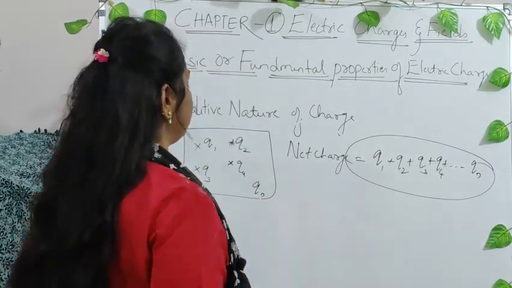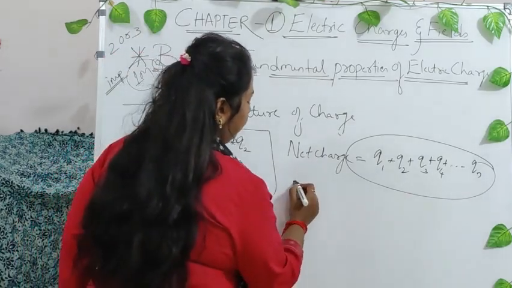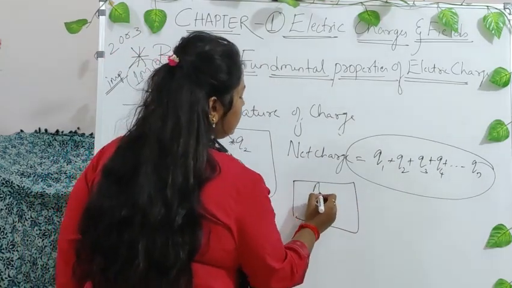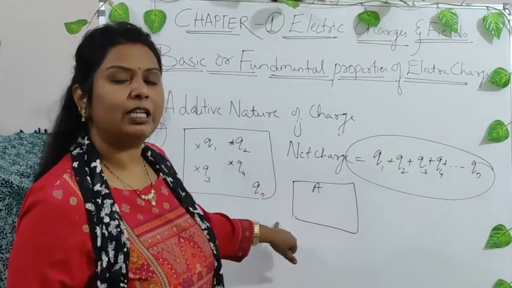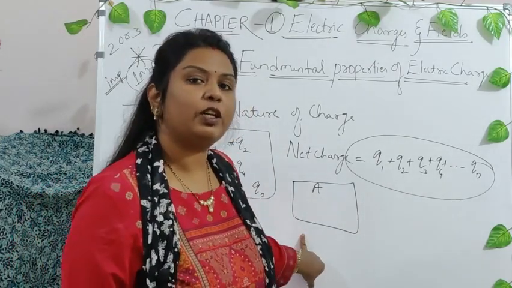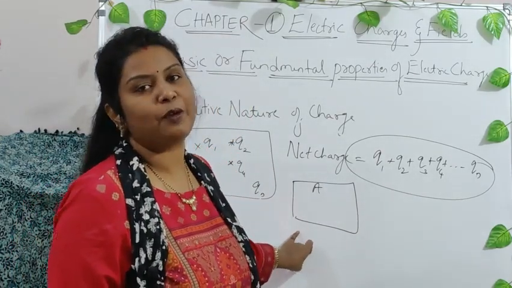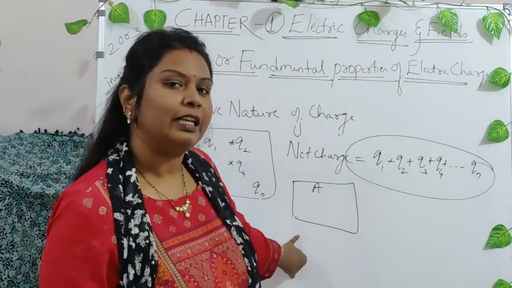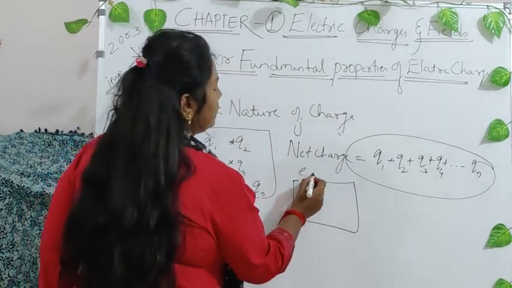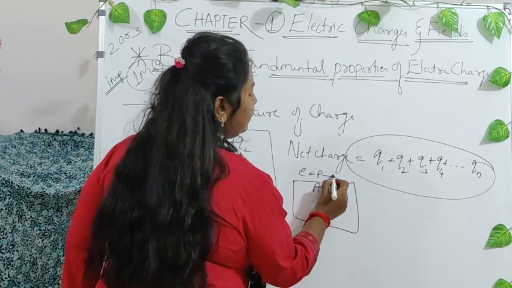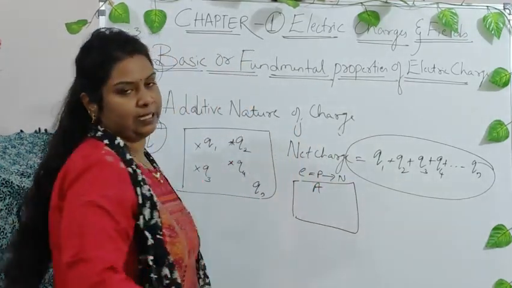Now next, say for example, you have a system A which is initially neutral. What does a neutral or balanced system mean? By this time you have to understand what the system is. Whenever electrons are equal to protons, then that particular system is called a neutral system.